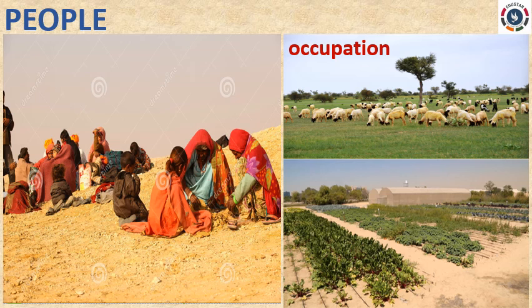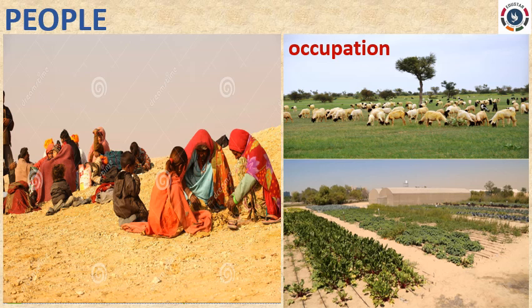Bedouins and Tuareg in Sahara, Pueblos in North America, American Indians in Patagonia, Aboriginals in Australian deserts and Banjaras in India. And these peoples mainly settled down near oases.